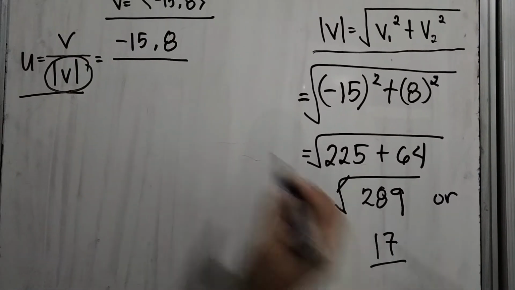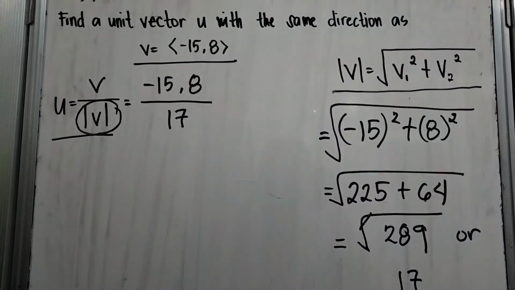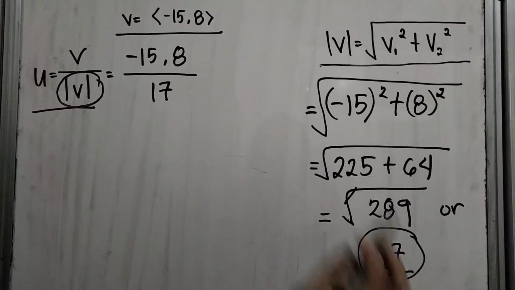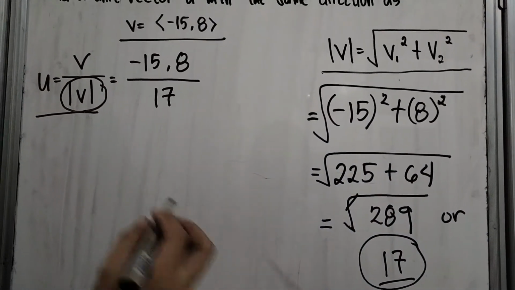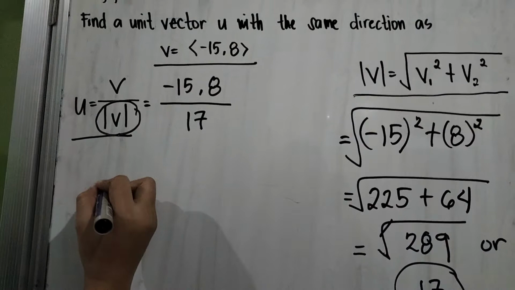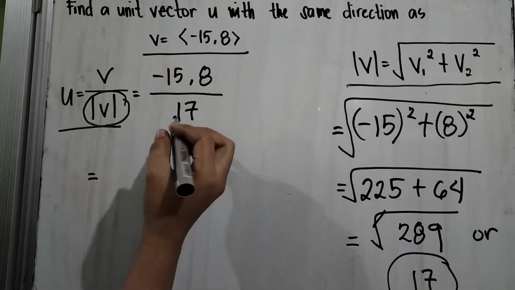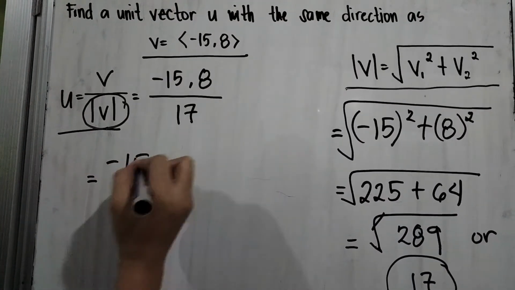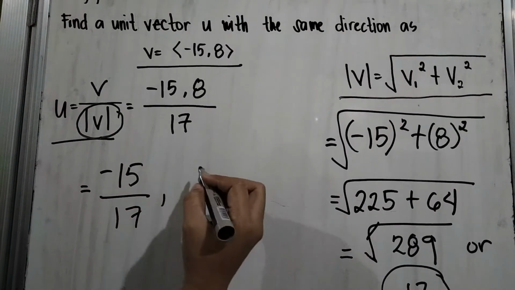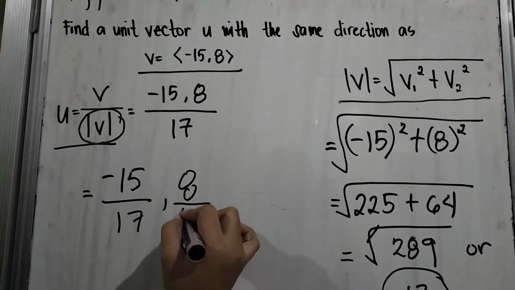So, ito na yung magiging denominator natin dito. Ito na yung value ng magnitude. So, yun. For the unit vector, ang final answer is negative 15 over 17 at saka 8 over 17.